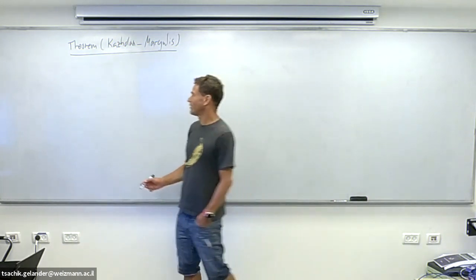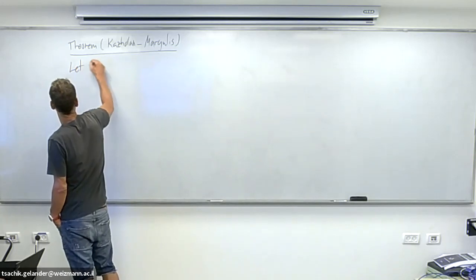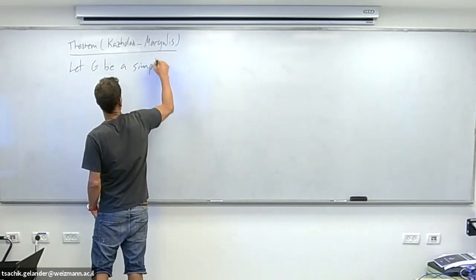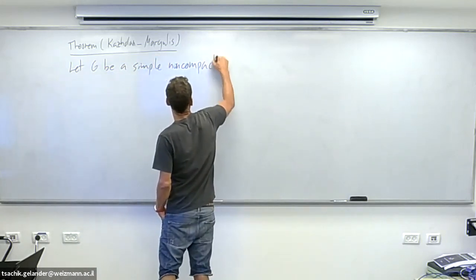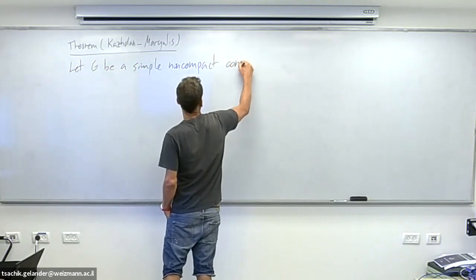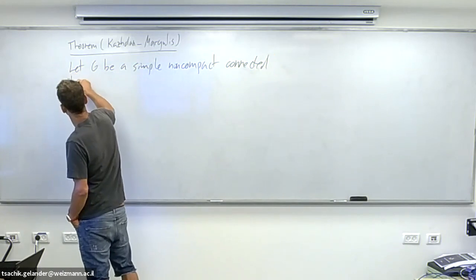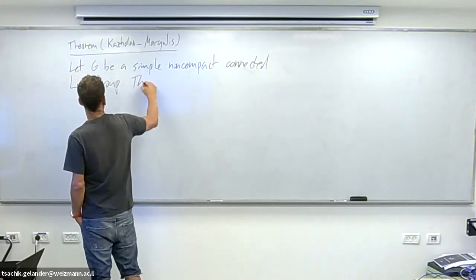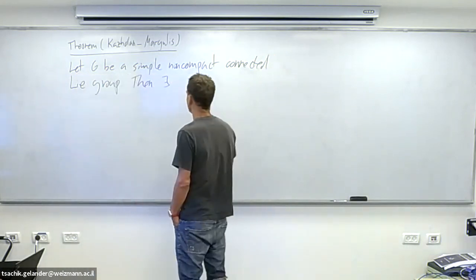The theorem says that, okay, let G be a simple Lie group. Then there is an identity neighborhood.